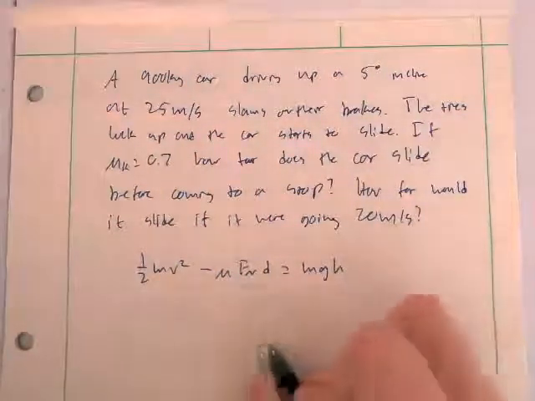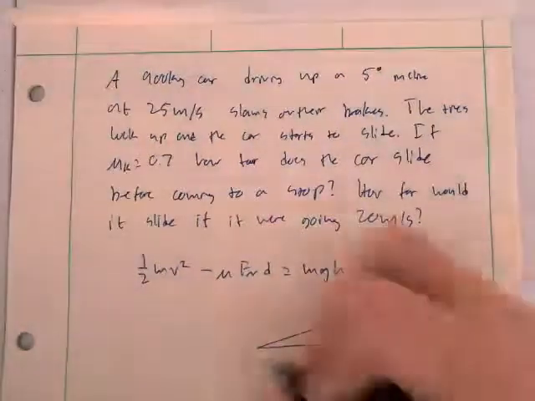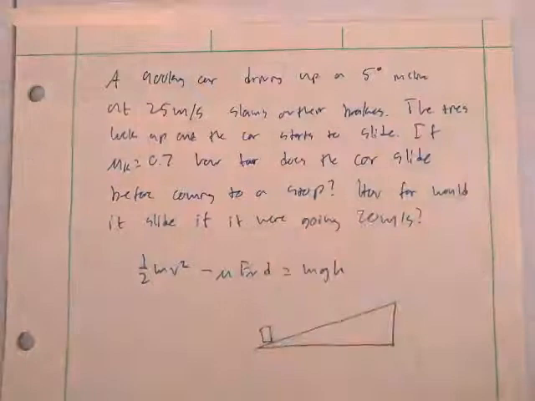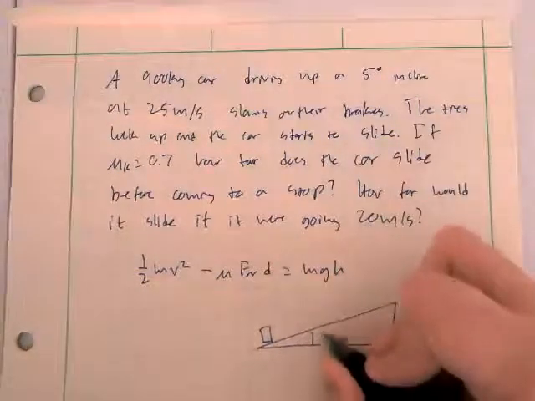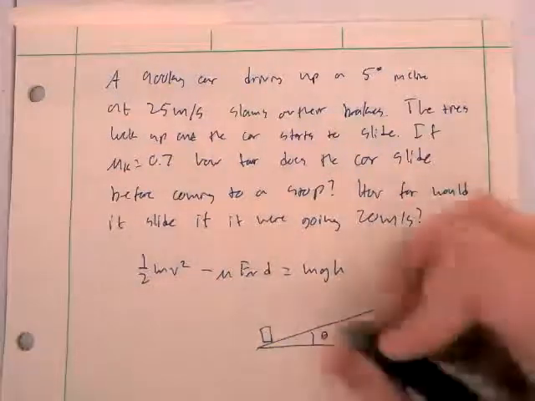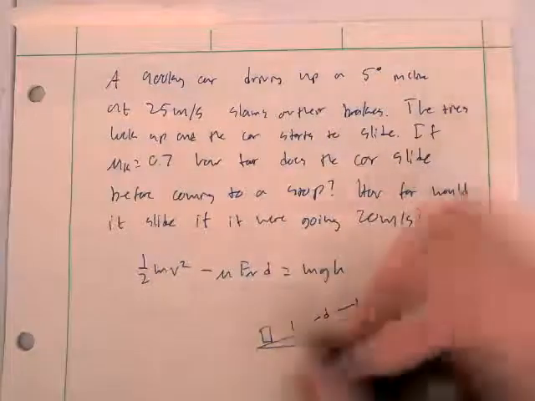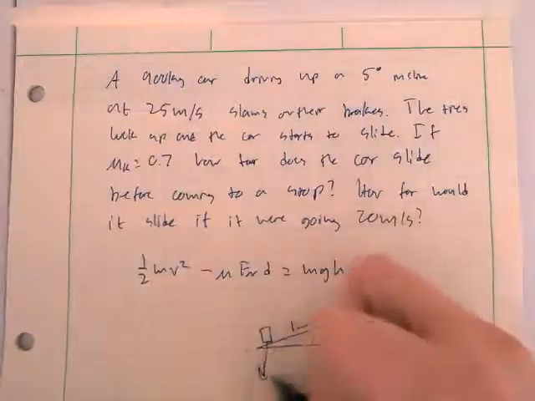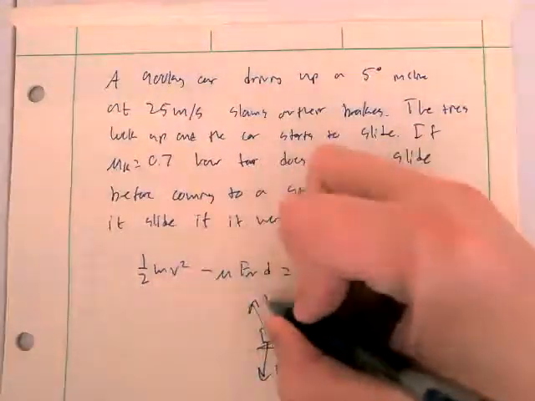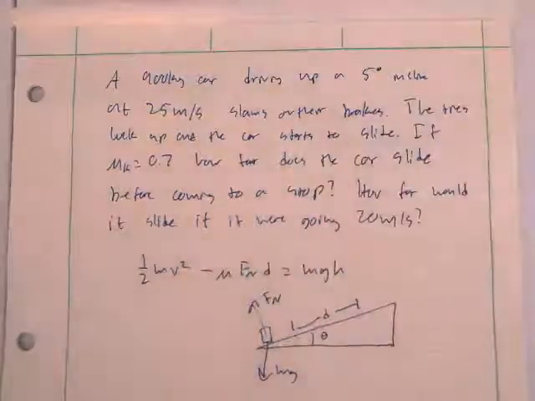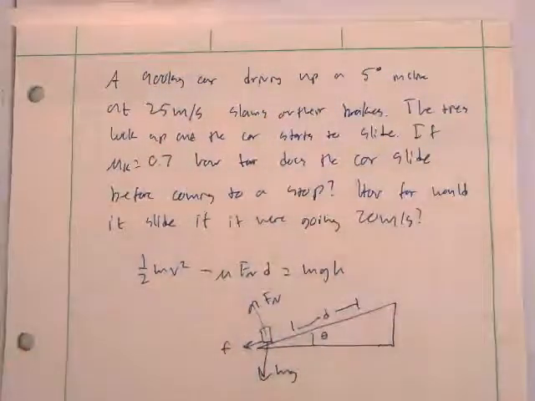So our picture looks something like this, right? We have our car. It's slammed on its brakes. All the forces that I have acting on my car, then, right, so we have this 5-degree incline here. It's going to slide some distance d before it stops. So my forces now are, we have gravity, we have the normal force, and then of course we have friction, right?